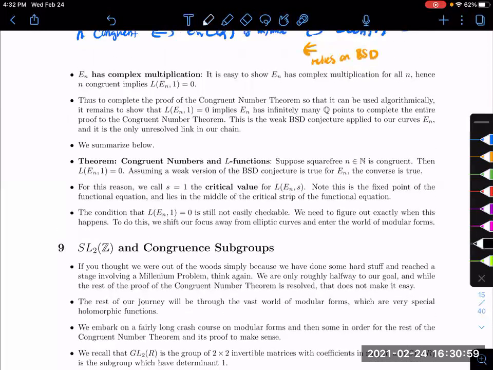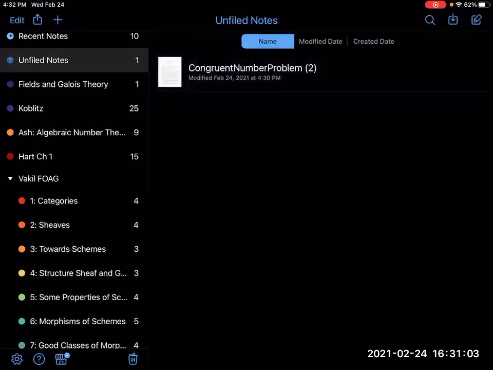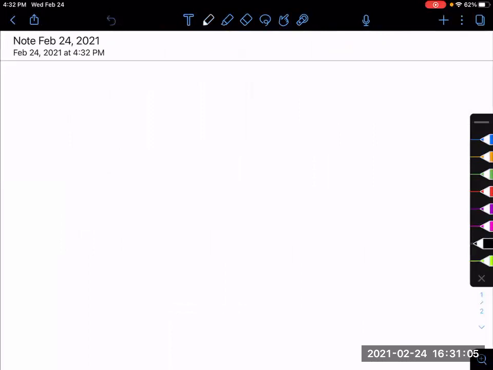So I view what we're doing like this. If I had to draw a picture of what's going on, you start with n is congruent here. And then you climb the elliptic curve hill. And the top of the elliptic curve hill is the L function.